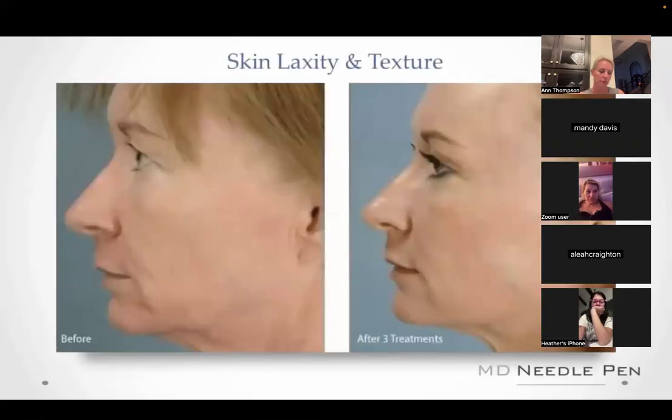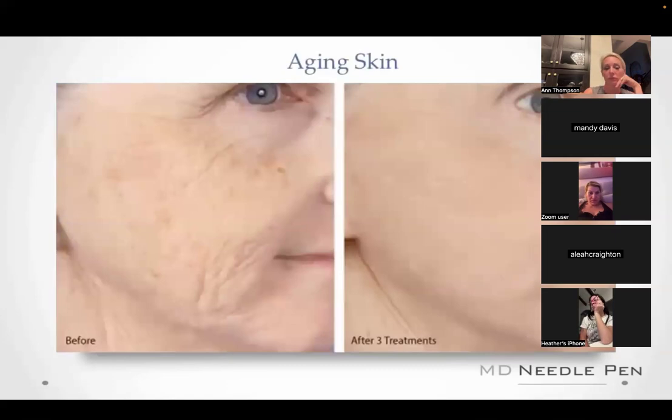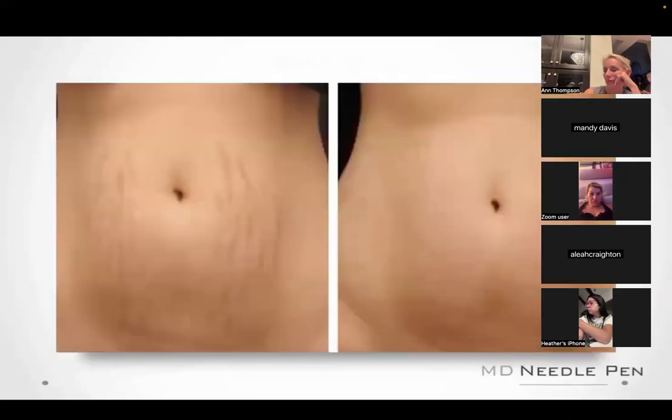Here, we see increased skin laxity and rough texture before treatment. Once microneedled, the skin is tighter, firmer, and smoother. See the sun damage and uneven tone in this patient's skin before treatment? After microneedling, pigment is lightened and the skin tone is more even. Notice the brown spots, wrinkles, and skin texture before treatment. After microneedle therapy, aging skin is less crepey with reduced dark spots.